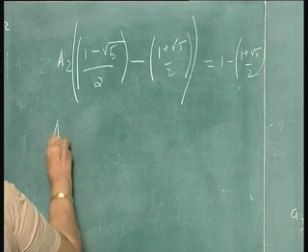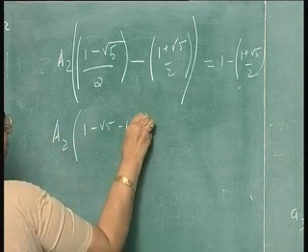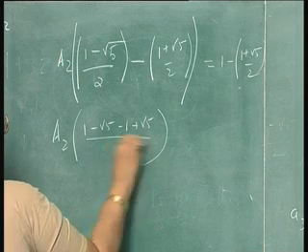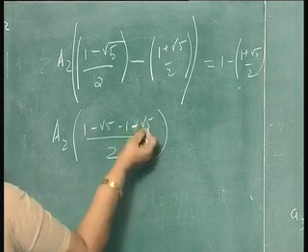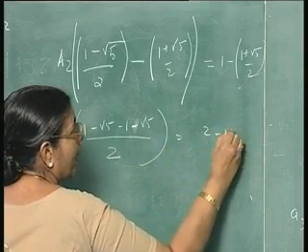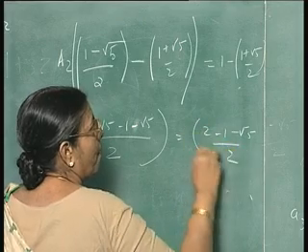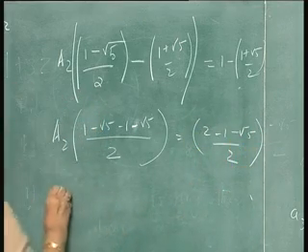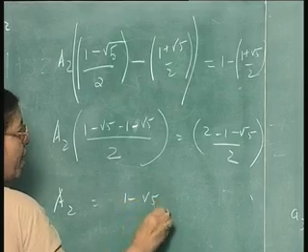So, this will give you A2 times [(1 - root 5 - 1 - root 5)/2], that is minus root 5, equal to (2 - 1 - root 5)/2. That is, A2 will be (1 - root 5)/2 divided by minus root 5.